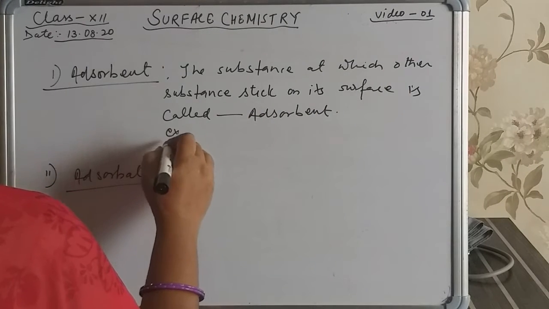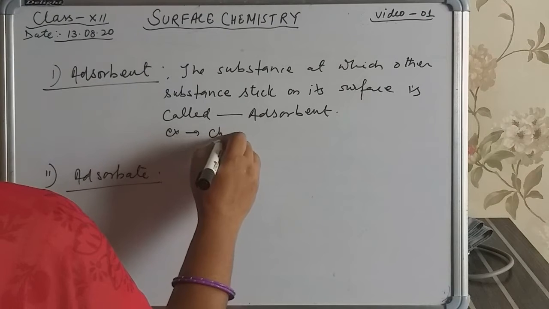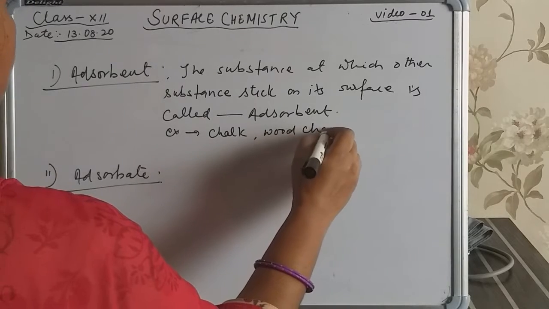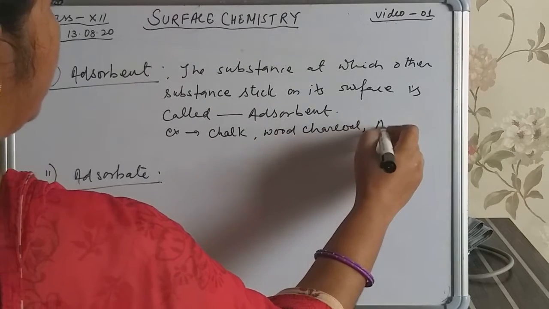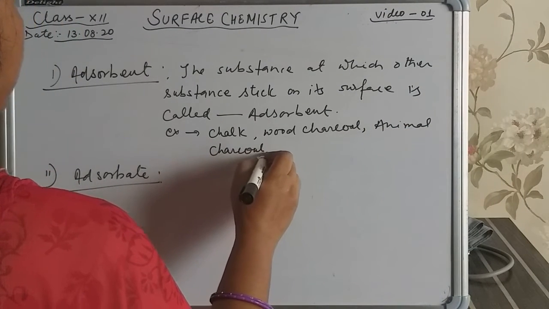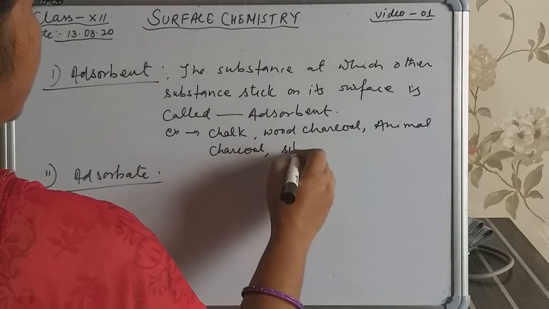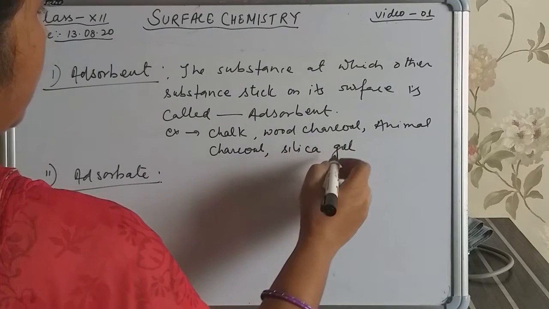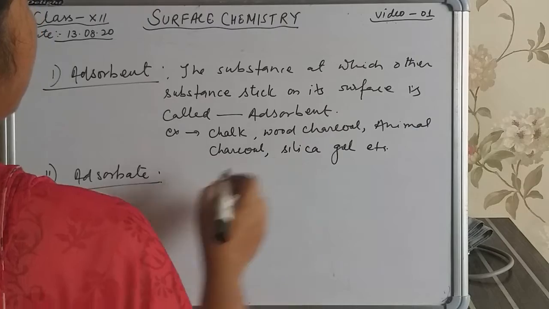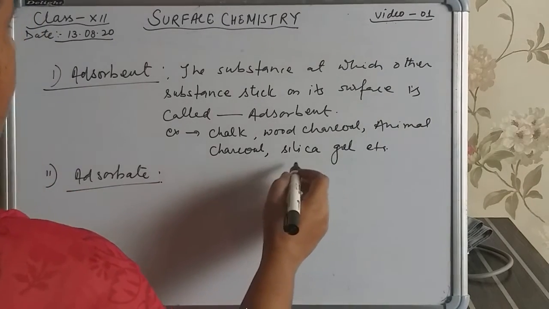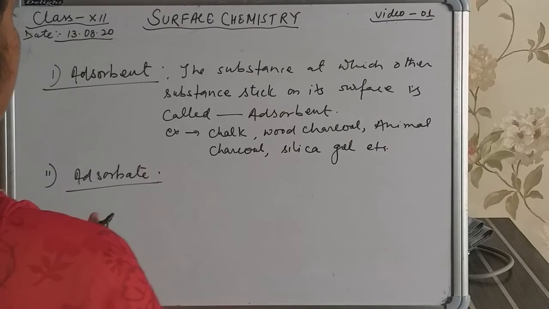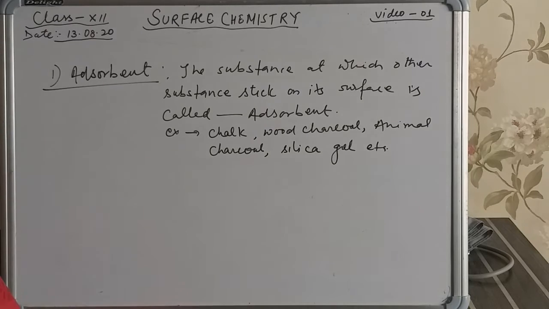For example, chalk, wood charcoal, animal charcoal, silica gel. Only moisture is adsorbed at the surface of silica gel, etc. So it prevents moisture. So we use silica gel many times in different equipments.